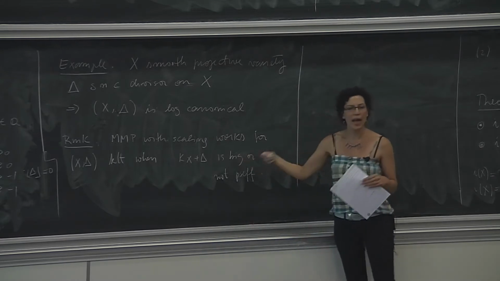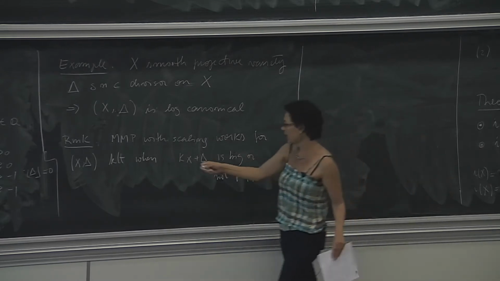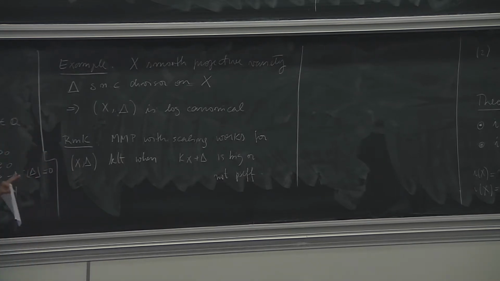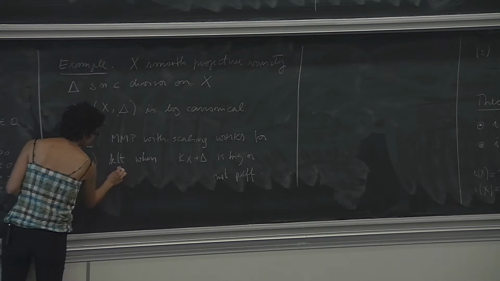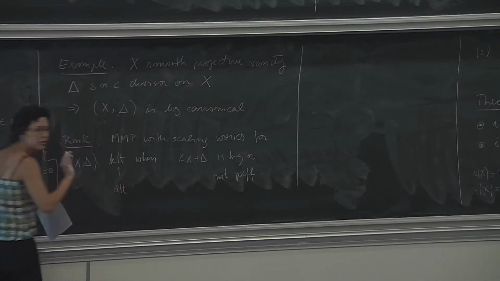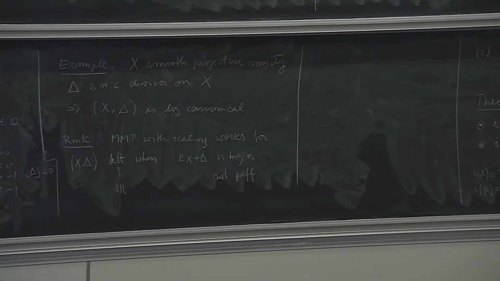And when I said MMP, in this case, whenever we saw KX, we replace KX by KX plus delta. And in fact, it works even in a stronger sense. Here we can replace KLT by DLT. I don't want to introduce more notation, but DLT is something in between KLT and log canonical.